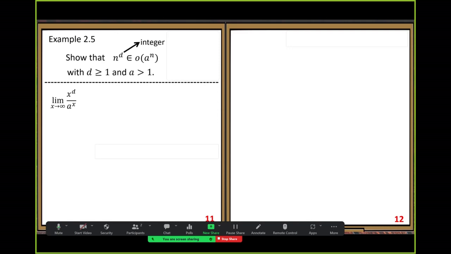Here you can see I switch to a continuous variable immediately, because we want to take the derivatives based on L'Hopital's rule. So, limit as x approaches infinity of x to the dth over a to the x.